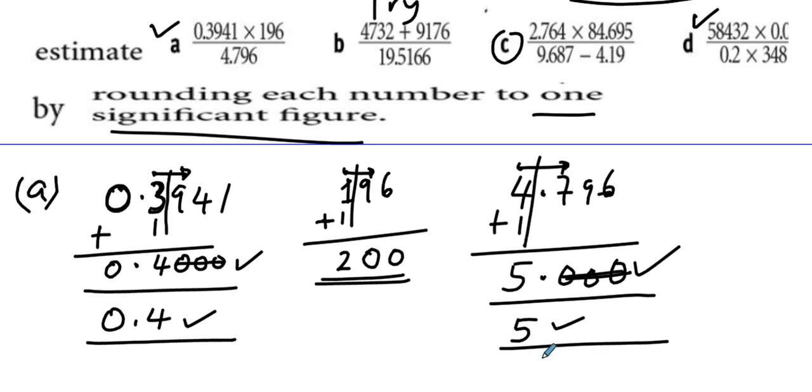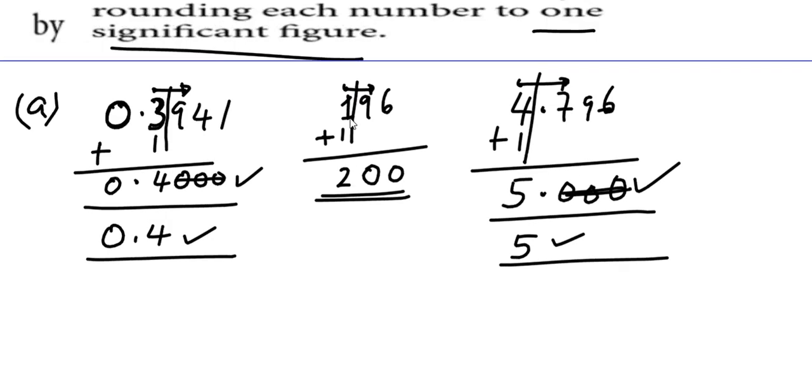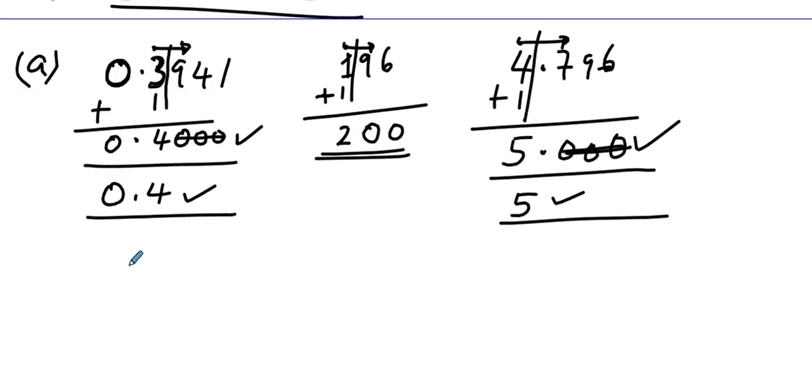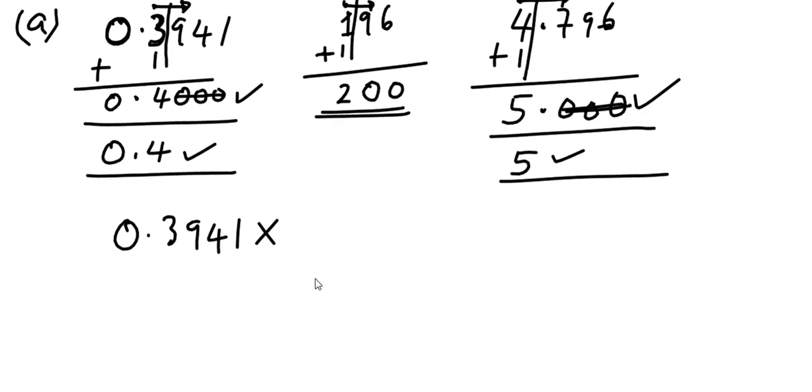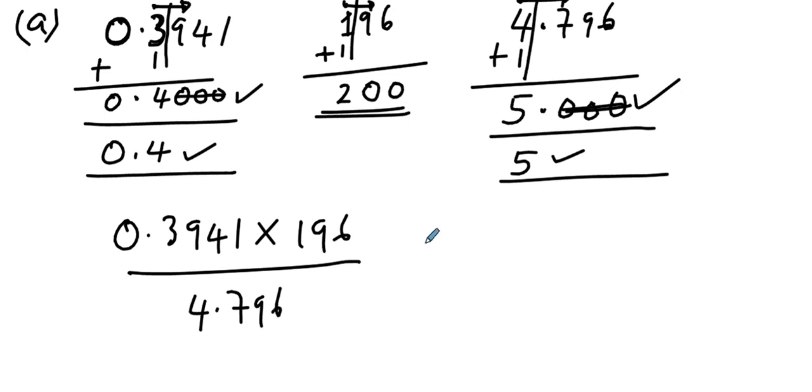Now, how do we do this? Copy and paste that. This will be 0.3941 multiplied by 196 divided by 4.796.